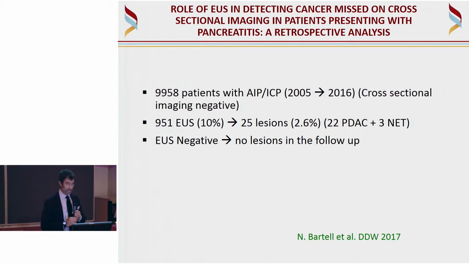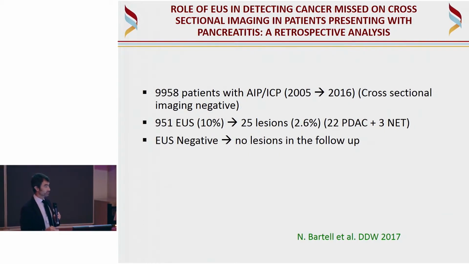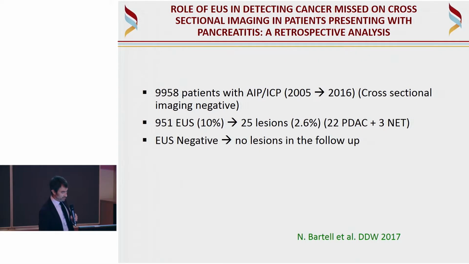And we also look at patients coming with a very difficult disease, recurrent acute pancreatitis, where it is very difficult to depict a lesion inside. This is an abstract presented at the DDW last year.